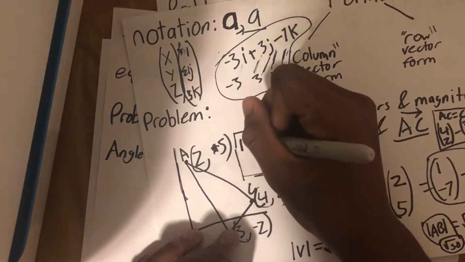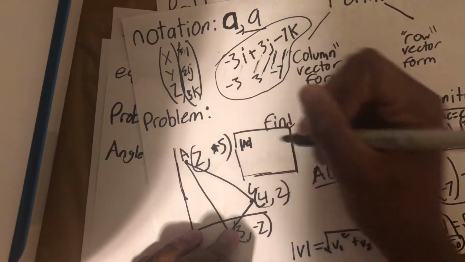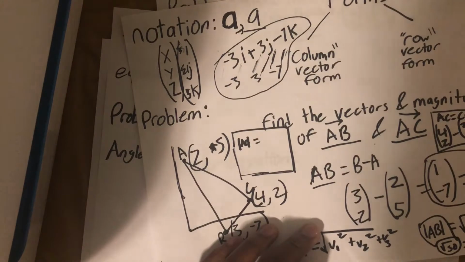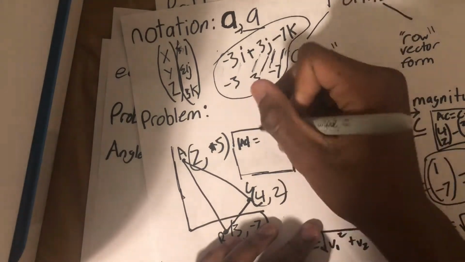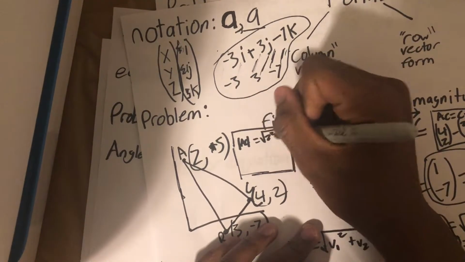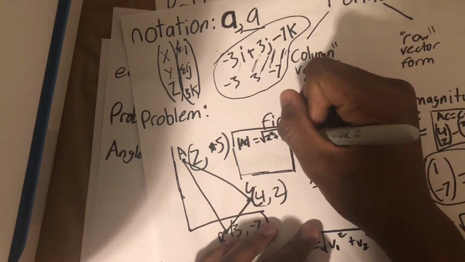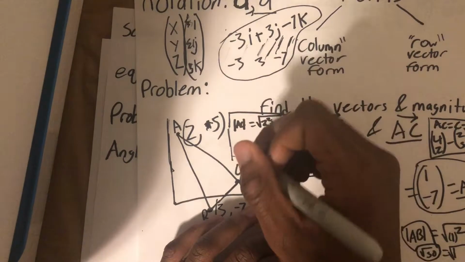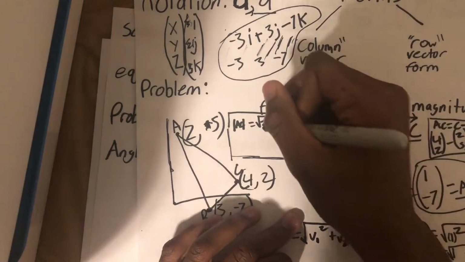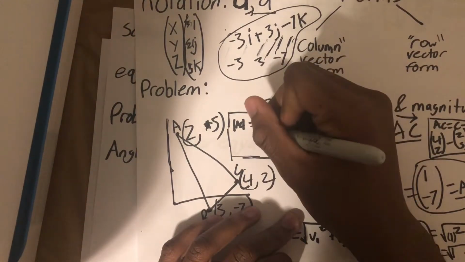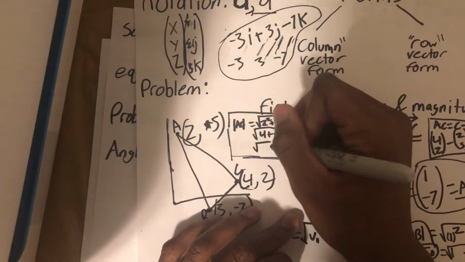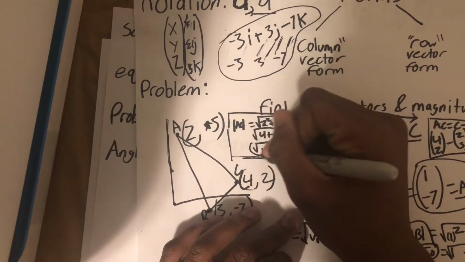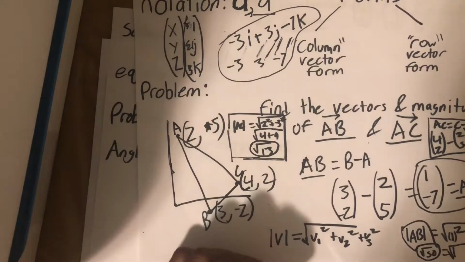So we have the magnitude of AC equaling the square root of 2 squared plus negative 3 squared. So then we have 4 plus 9, the square root of 4 plus 9 equals the square root of 13. So that's your answer for the magnitude of AC.